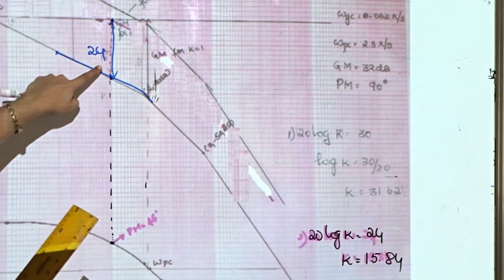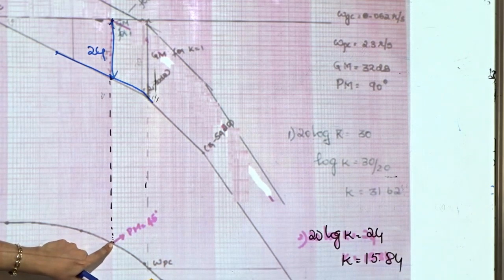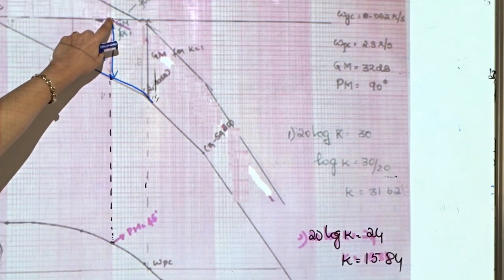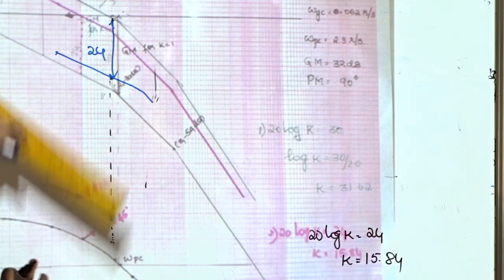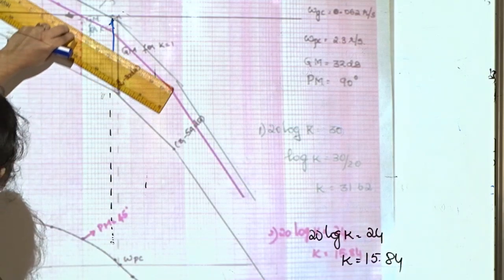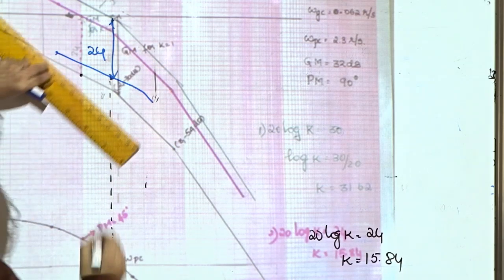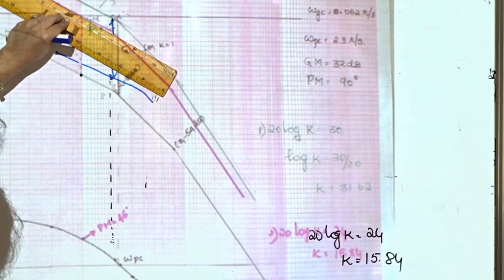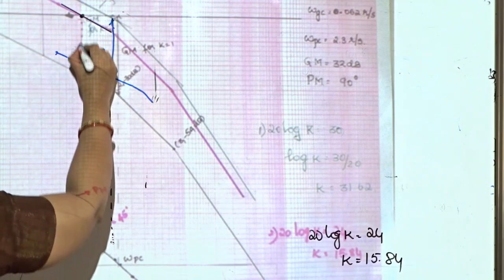What do you mean by 24 here? When will I get a phase margin? I can calculate the phase margin if there is a gain crossover here. Meaning, the entire plot has to be shifted so that at this point the gain becomes 0, at the same frequency point.